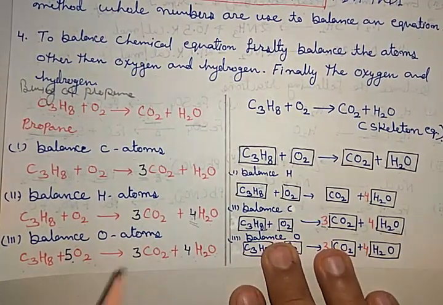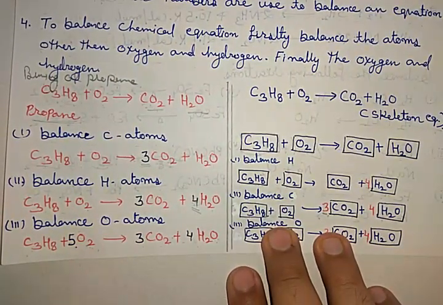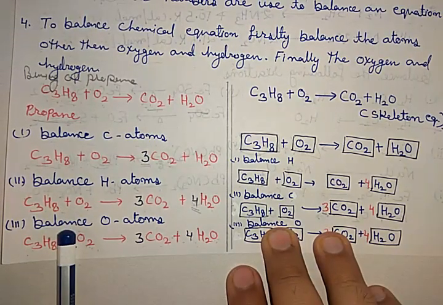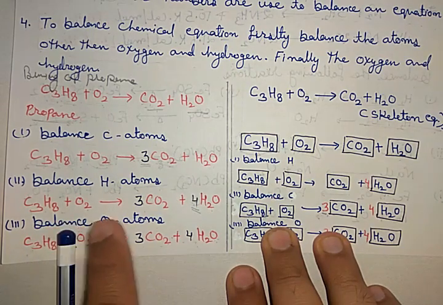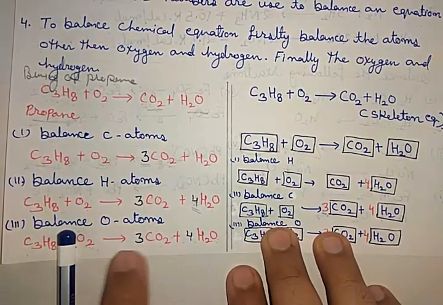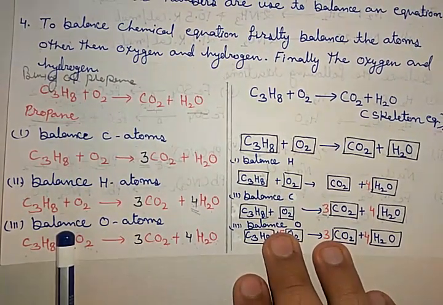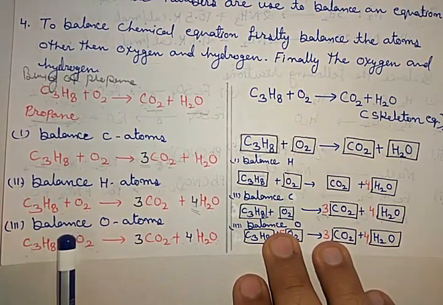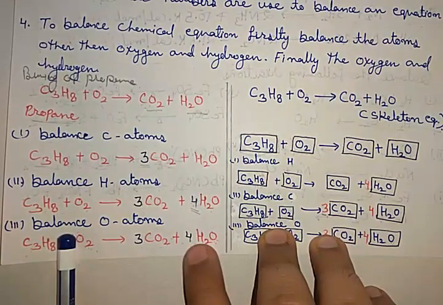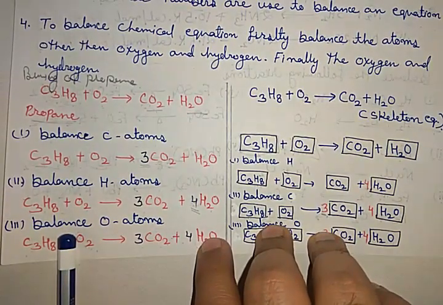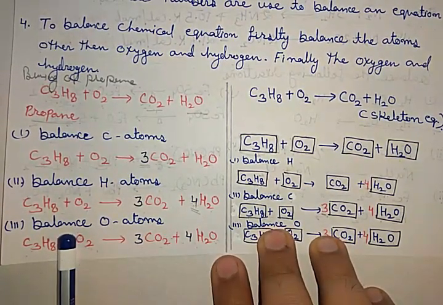Okay, now finally the oxygen atoms. The equation after balancing the carbon and hydrogen was C3H8 plus O2 gives 3CO2 plus 4H2O. Now count the total oxygen on the reactant side, that is 2 oxygen. On the product side, that is 4 and 6, 10.